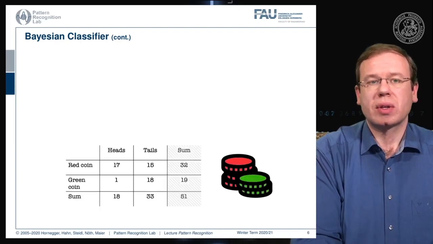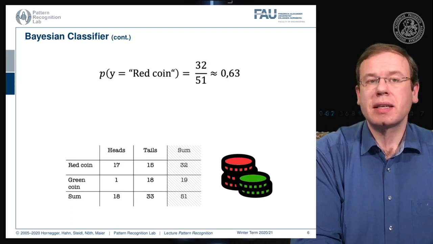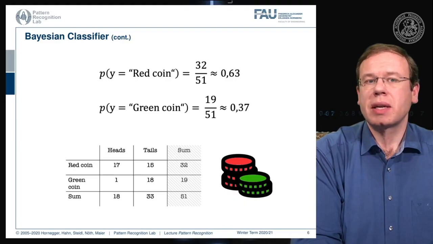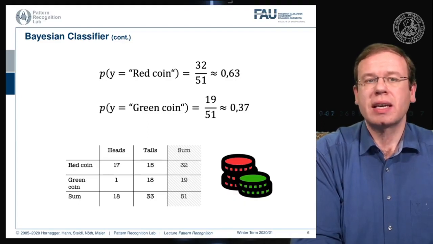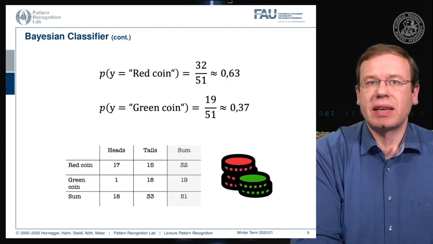Well, we can of course also look at the last column, and here you can see essentially our class priors. So the probability of using the red coin is approximately 63%, and the probability for using the green coin is 37%.